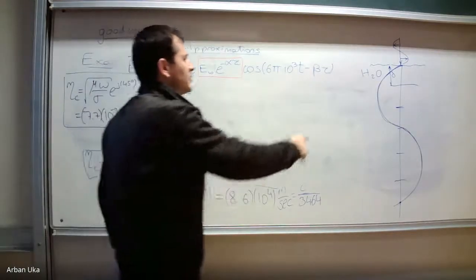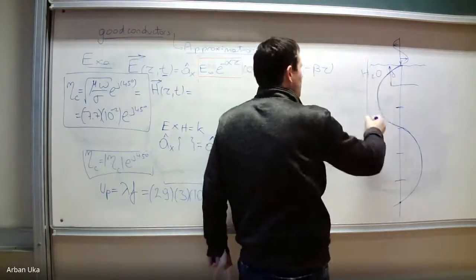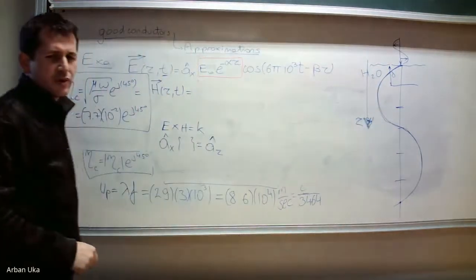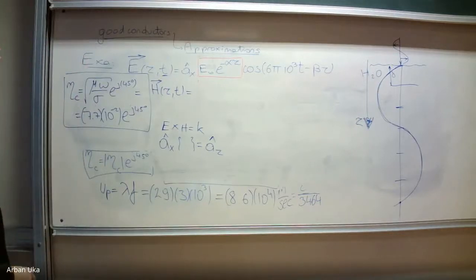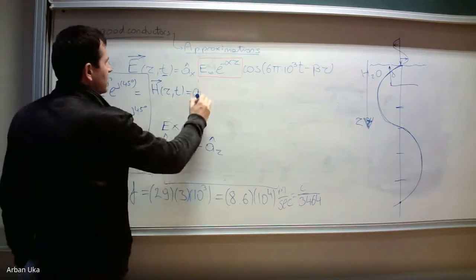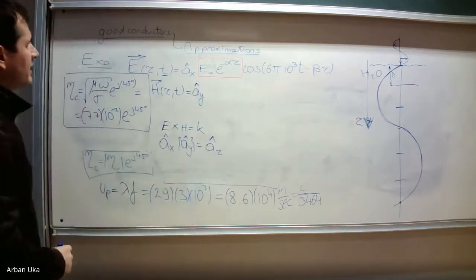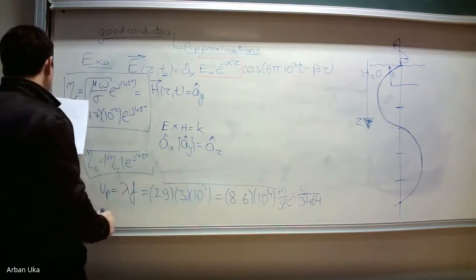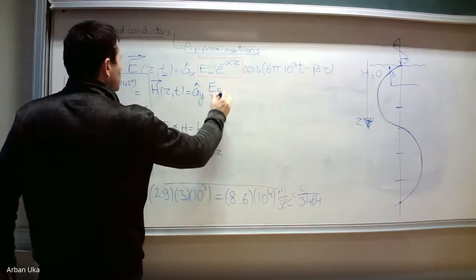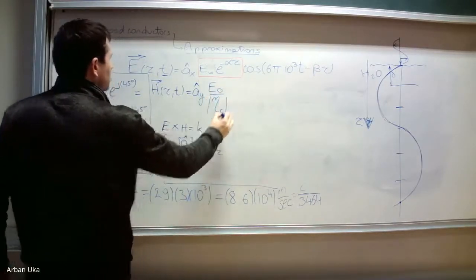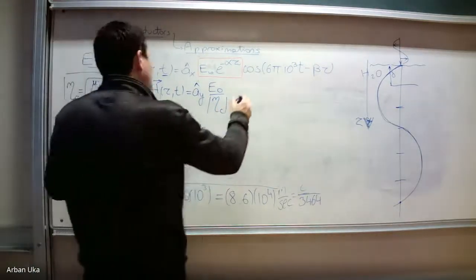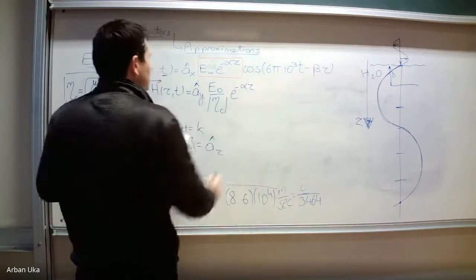If the wave is coming this way down, this means the positive Z direction is pointing downwards. So this is going to be equal to AY. So the direction of H is AY times the coefficient of the electric field intensity divided by the intrinsic impedance. So here we can write E0 divided by this magnitude, and then we multiply by e to the power minus alpha z.